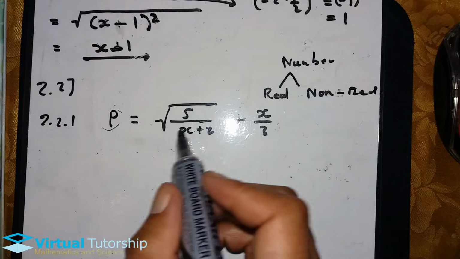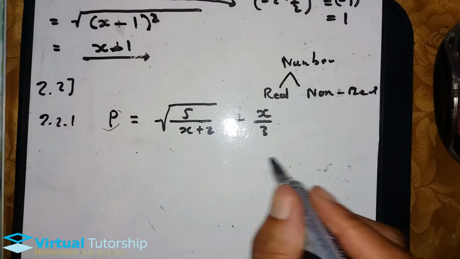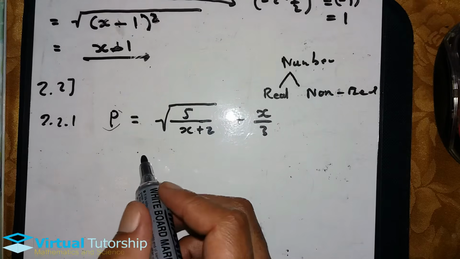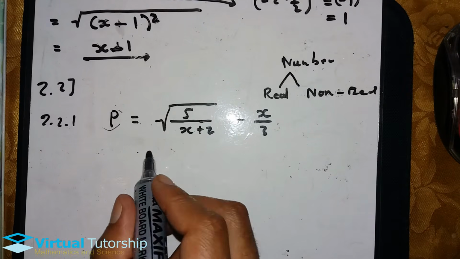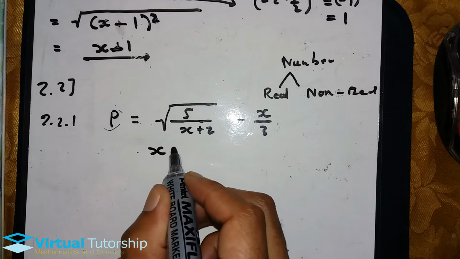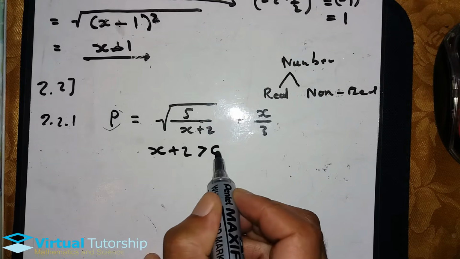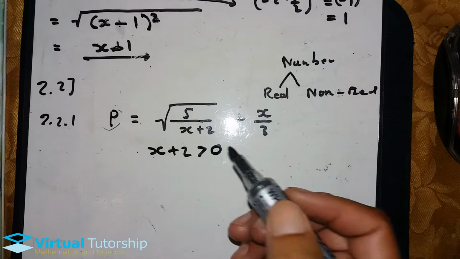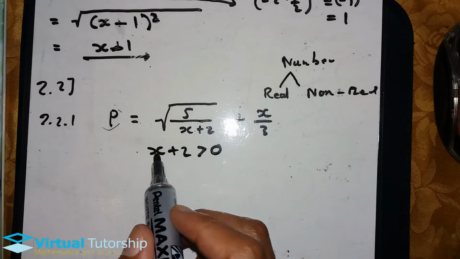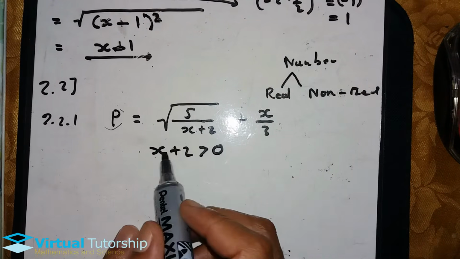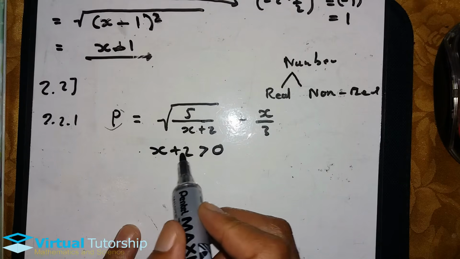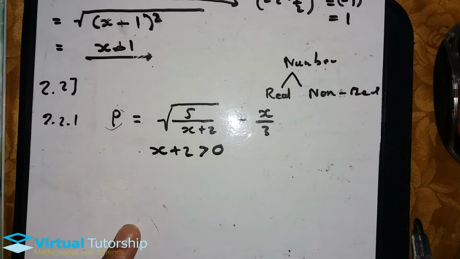So we want the x values that will make this whole thing a real number. So the issue is this: x plus 2 must not be 0, but must be greater than 0, right? And it must not be negative. So x plus 2 must always remain positive for whatever x value.